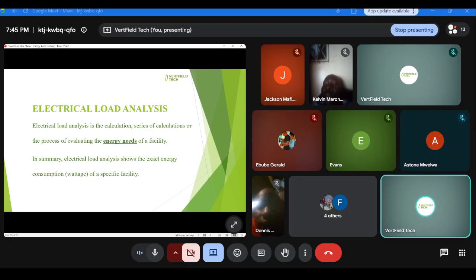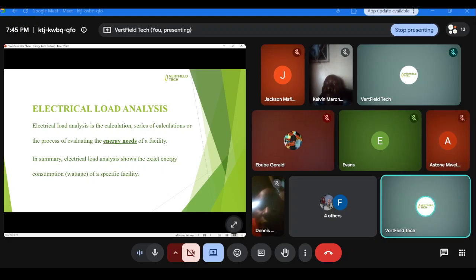Electrical load analysis is a calculation, a series of calculations, or the process of evaluating the energy need of a facility.